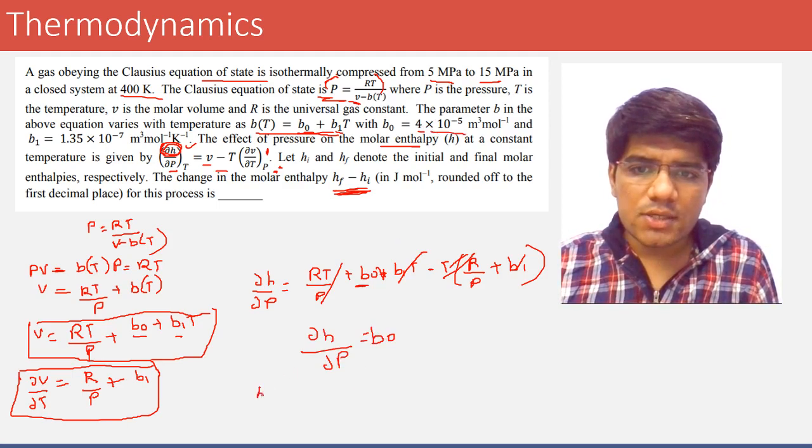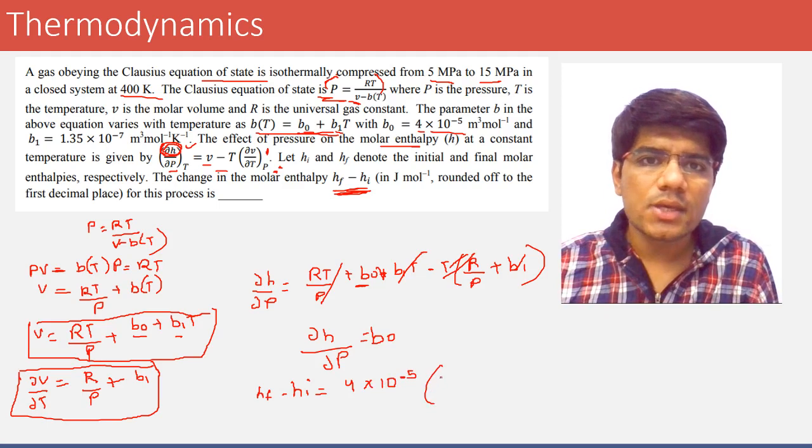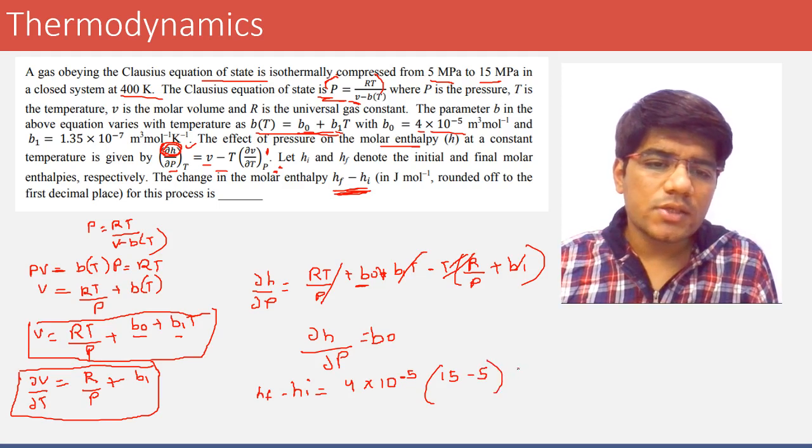So on integration we will get HF minus HI equal to B naught into delta P. So B naught is 4 into 10 raised to power minus 5 into delta P. So delta P is given as 15 final minus 5 megapascal. Megapascal, if we convert into pascal, is 10 raised to power 6.